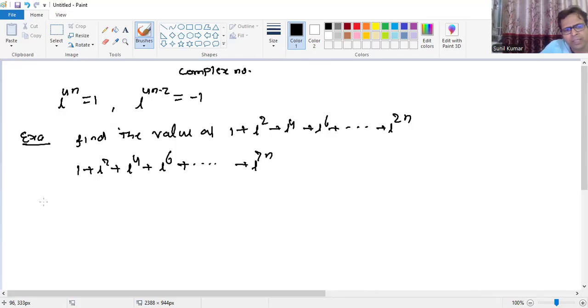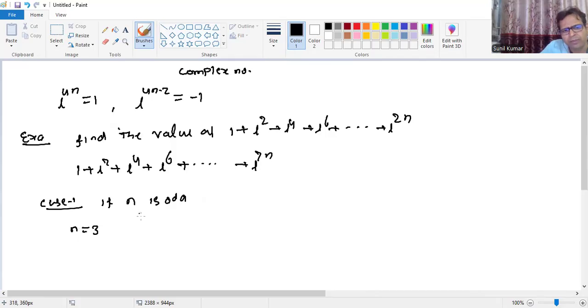The first case: suppose n is odd. If n is odd, for example 3, 5 or 7, let's take a basic example.